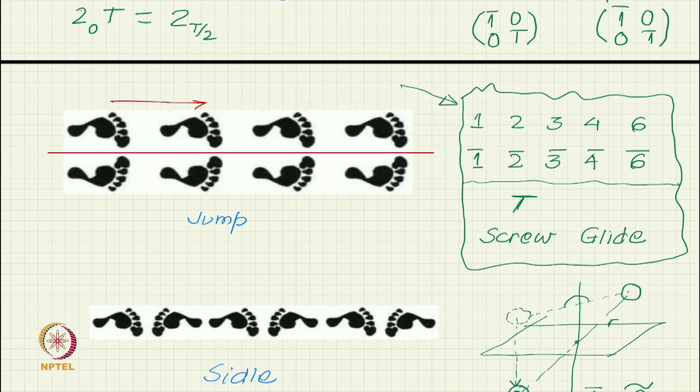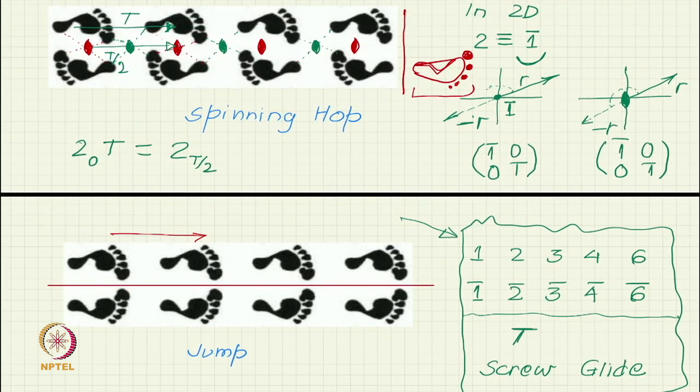But now the two-fold rotations are not there, because the upper foot and the lower foot cannot be related by a rotation, because there is a change in handedness, and rotation will not change the handedness. As soon as you rotate, you can see, compare it with the spin, the foot will start pointing to the other side.